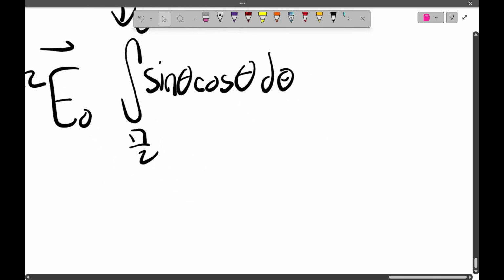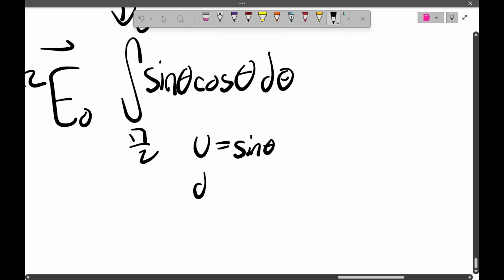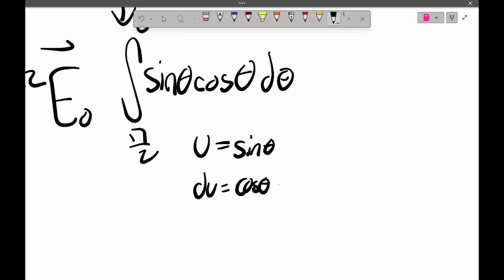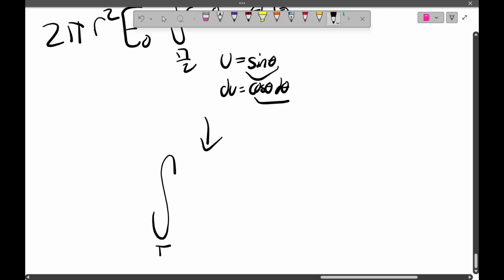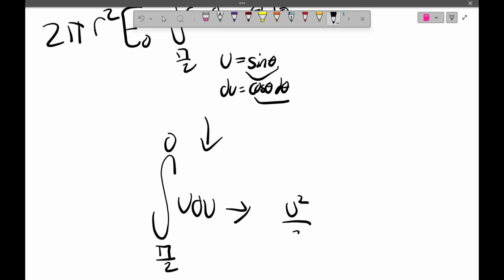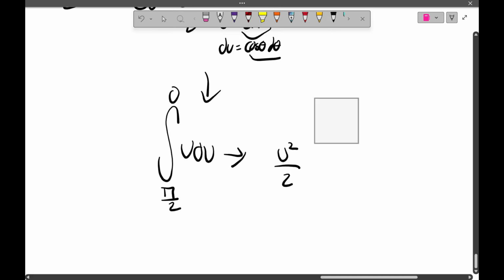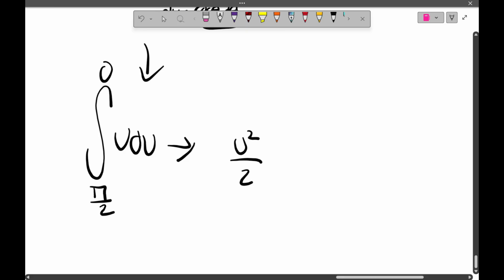And this from here is fairly simple. u equals sine theta, du equals cosine theta d theta. That accounts for every part of that integrand, so we rewrite it. I'm not going to change my bounds because I'm going to revert everything in a moment, but u du, then you say u squared over 2. Now, plus c in this case, we're just going to omit.